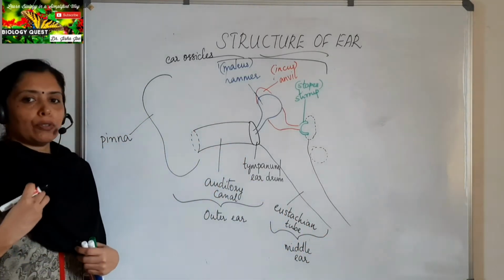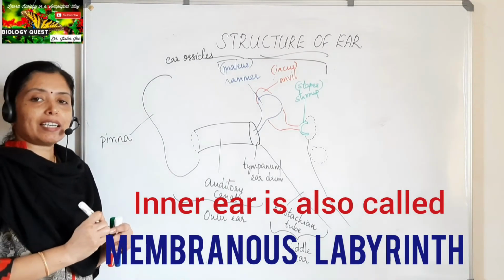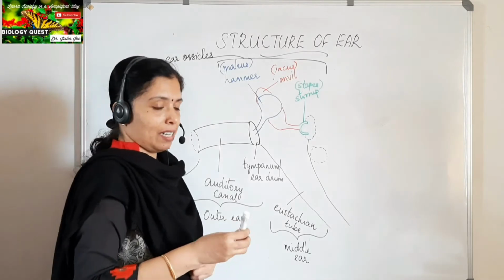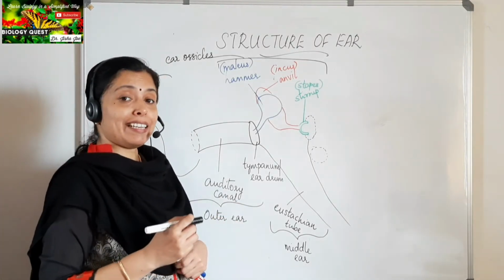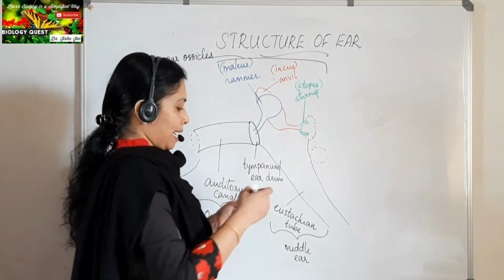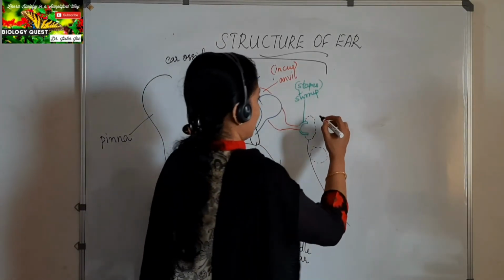Now moving on to the inner ear. The inner ear comprises two parts. The first is a snail shell-like structure. It is spiral shaped.